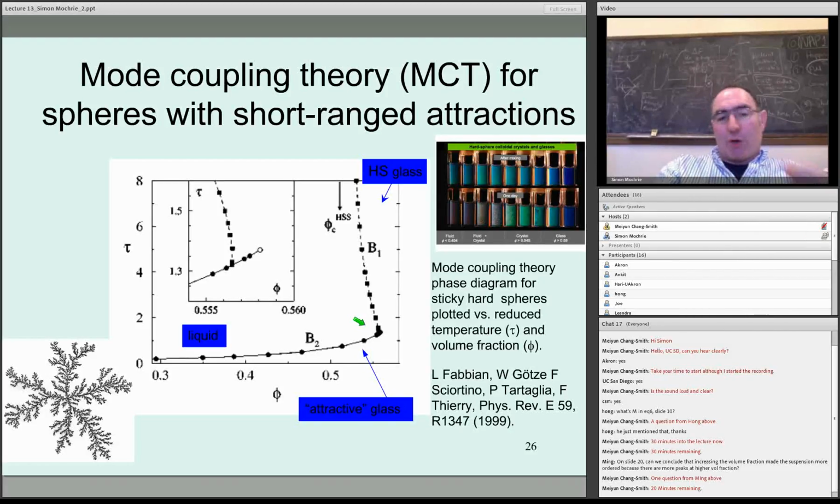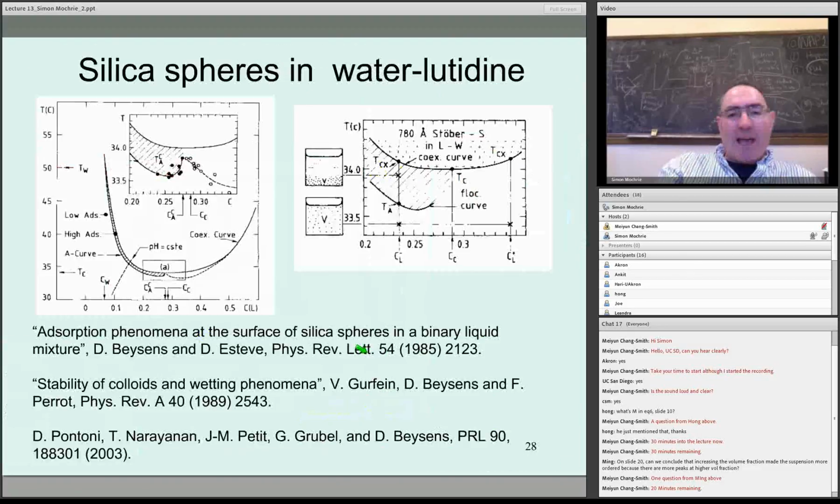In our system, you increase the interaction strength by increasing the temperature. In the theoretical case, you increase the interaction strength by decreasing the temperature. So you go from here, a fluid phase, down to here, and you should go from a liquid to a glass.